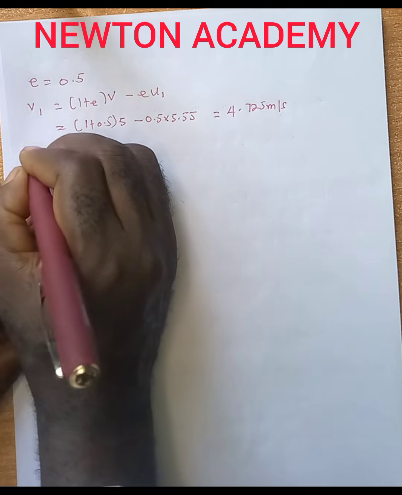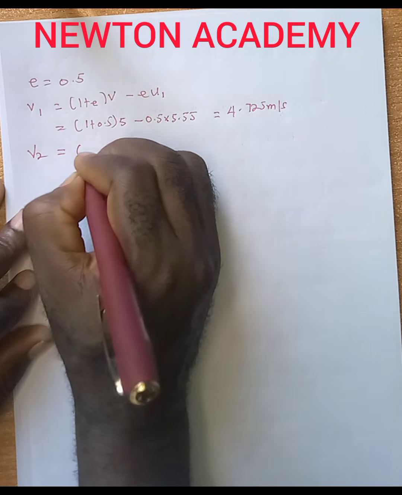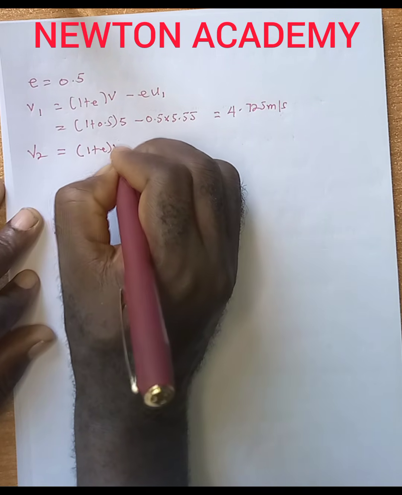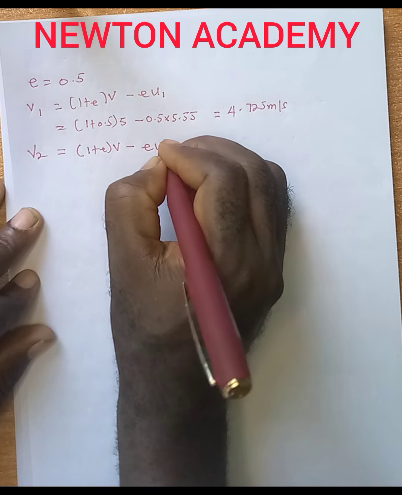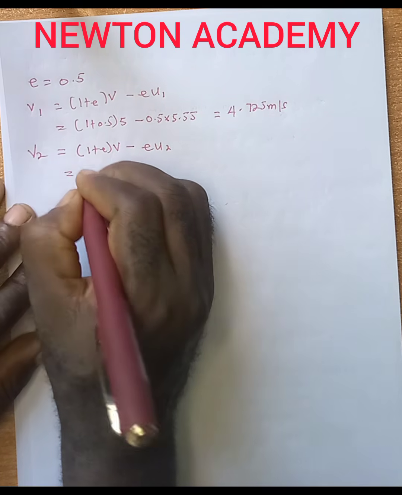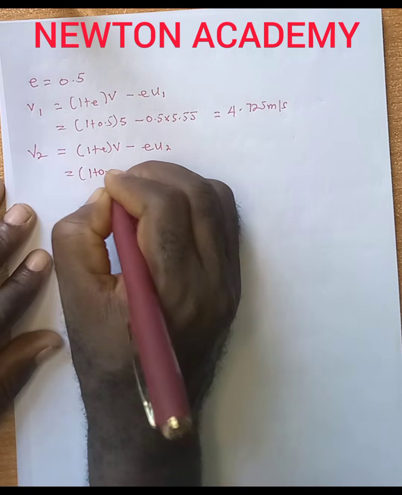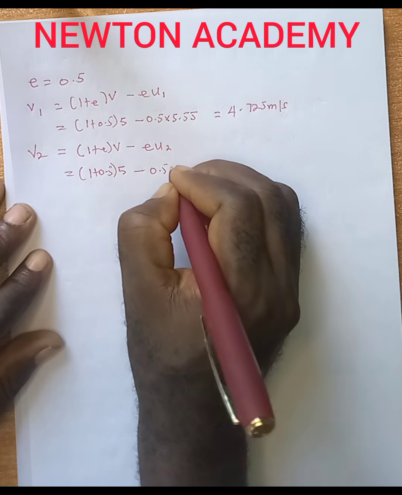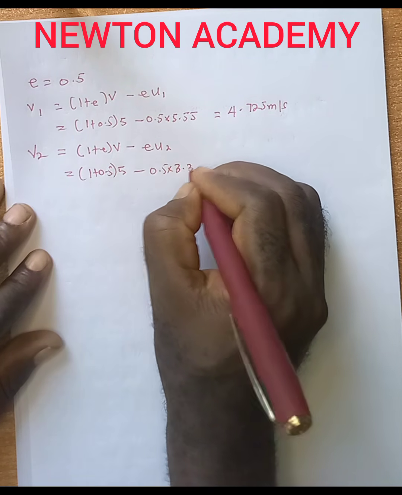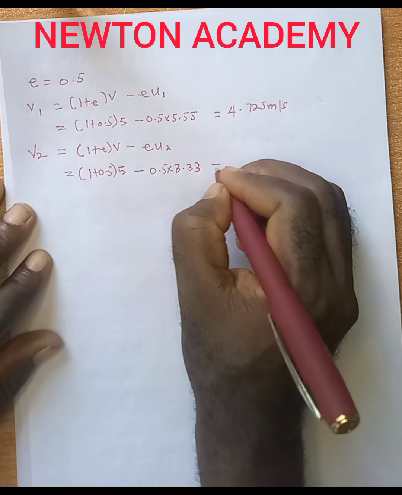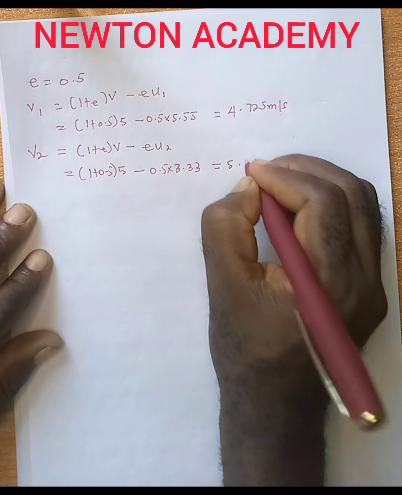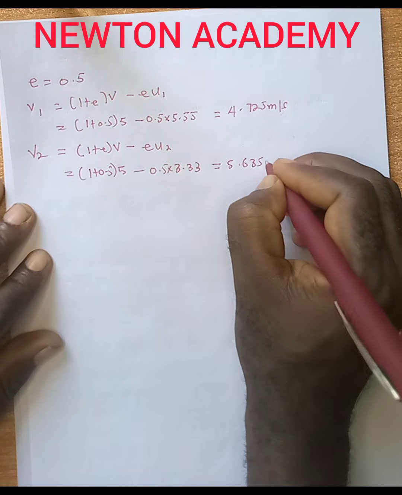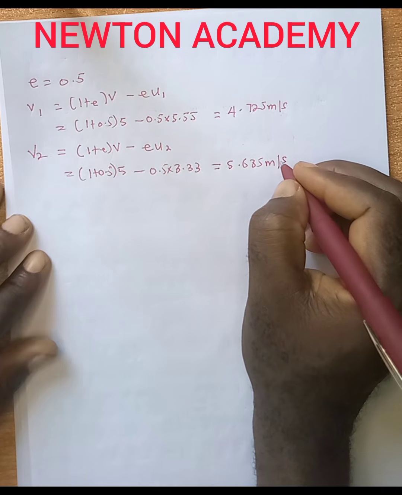Also, V2 is going to be (1 plus E) into V minus EU2. When we substitute, we have (1 plus 0.5) multiply 5 minus 0.5 multiply 3.33, and this gives 5.635 meter per second.